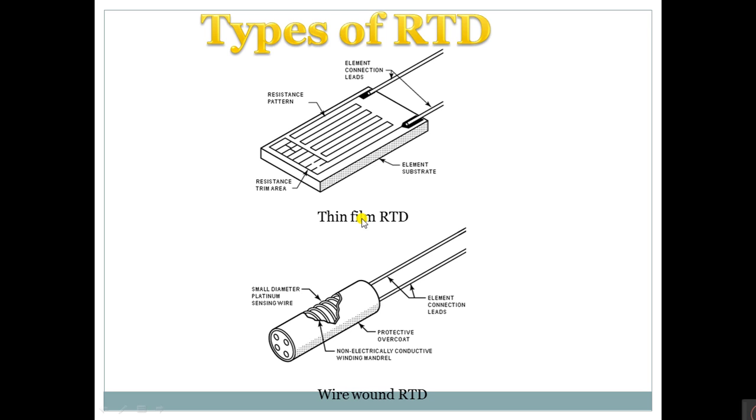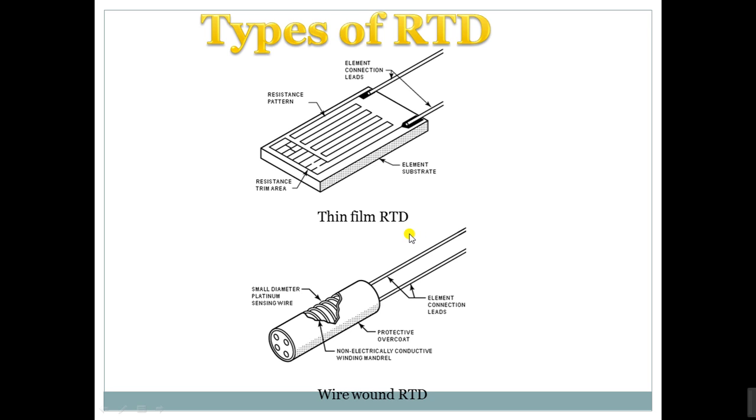These are the different types of RTD. One is thin film RTD, another one is wire wound RTD. The first case is thin film RTD, or flat film RTD.